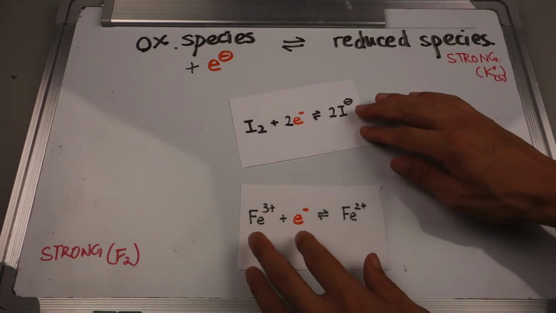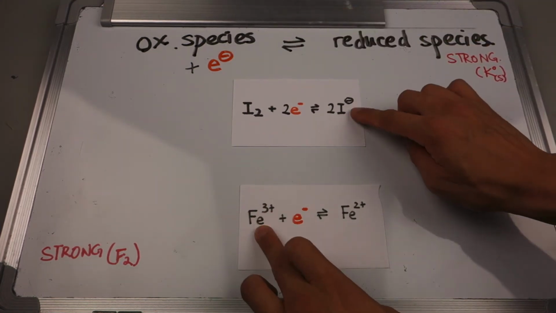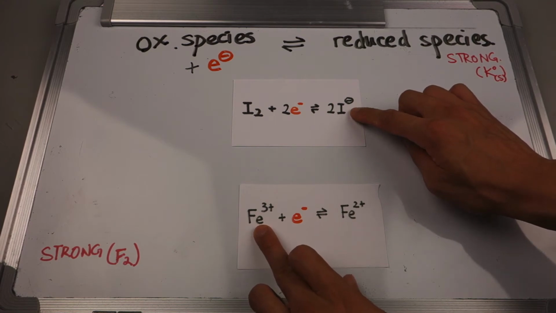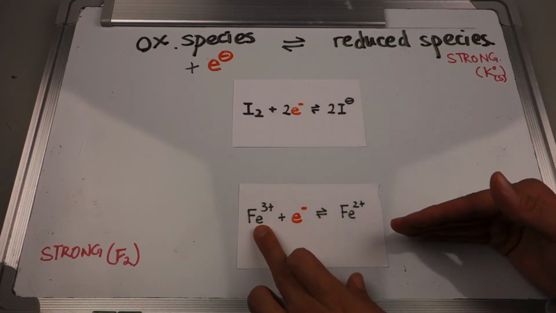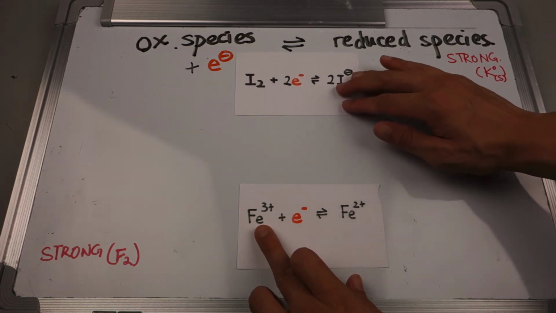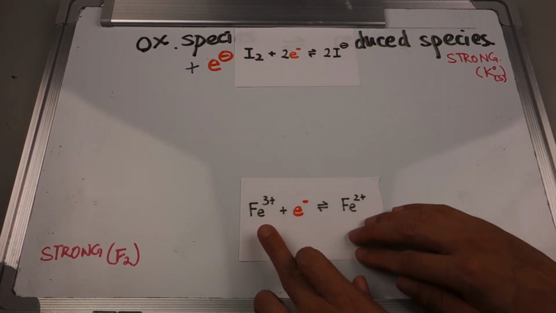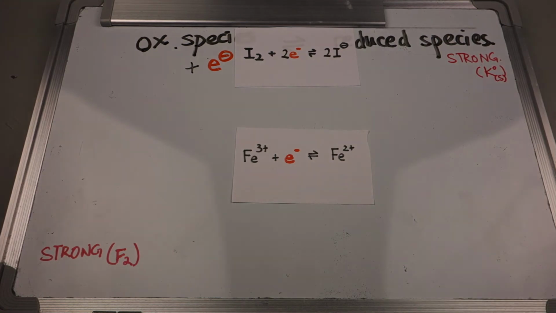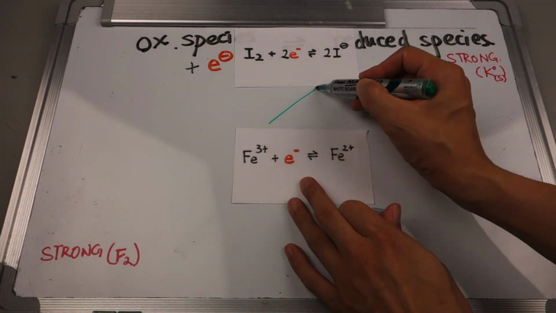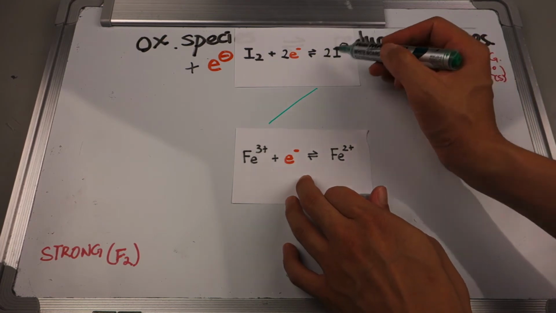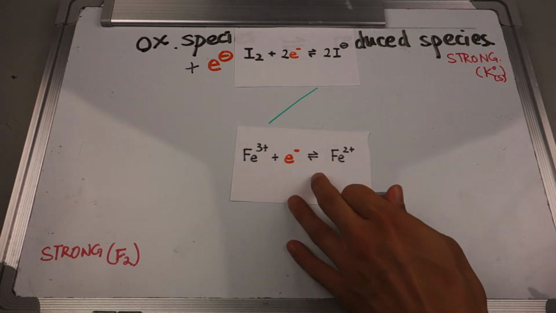Between these two species, iron 3+ and iodide, we see that they do react. So we know that we've currently placed them in the correct sequence, so that we will have iodide on top and iron on the lower stack, such that if we're going to connect them, we would have a positive slope diagonal.